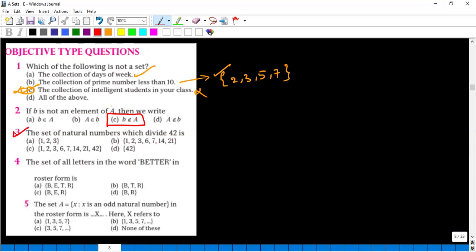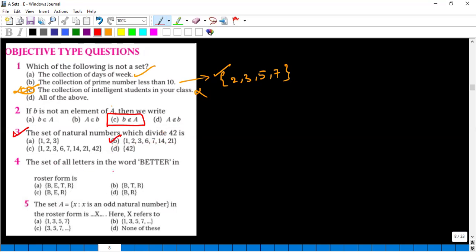Set of natural numbers which divide 42. Of course, you see here 1 divides 42, 2 divides 42, 3 divides 42, 6 divides 42, 7 divides 42, 14 divides 42, 21 divides 42. So the correct answer is this.